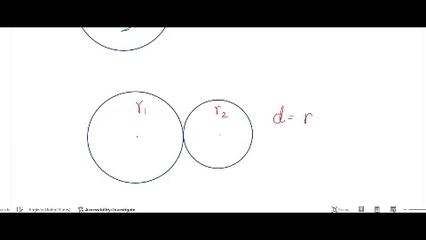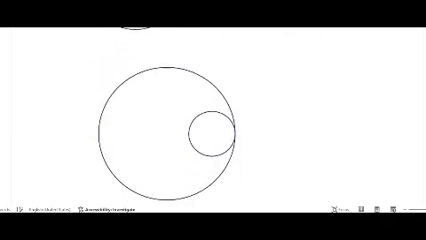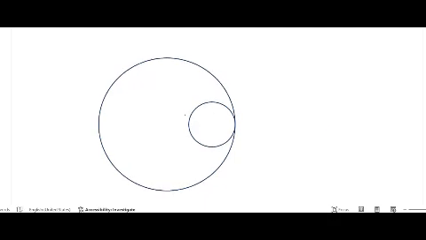The distance between centers is equal to r1 plus r2. Now in this case, wherein one circle is inside the other circle, the distance between the centers is equal to r1 minus r2. You can take a mod, so no matter which one you take first, I am taking this as r1 and this is r2. Even if you take the other way around, if you put a mod, you're sorted.